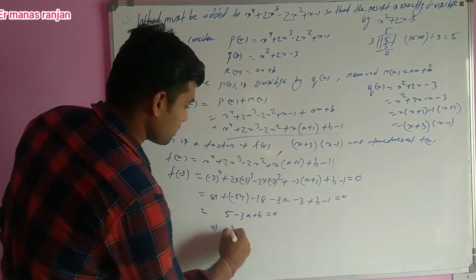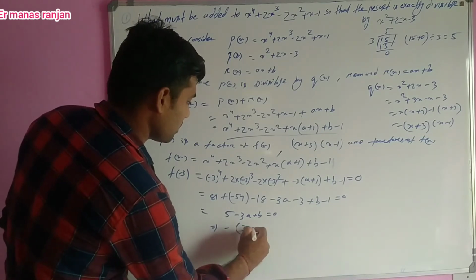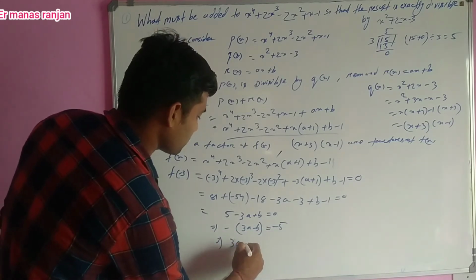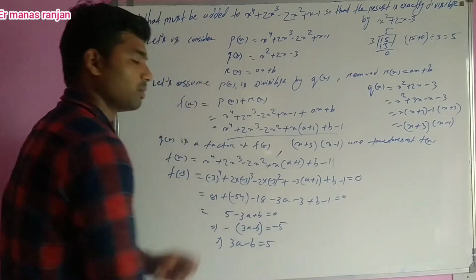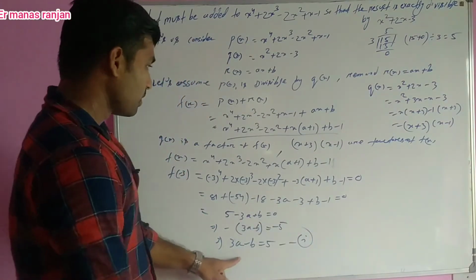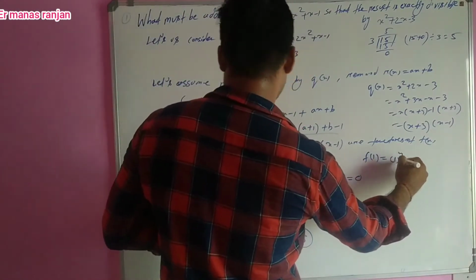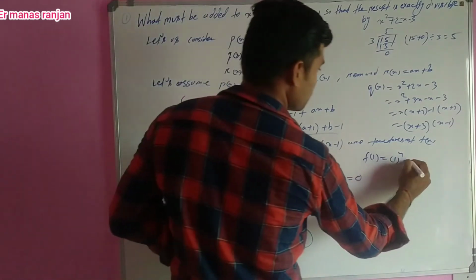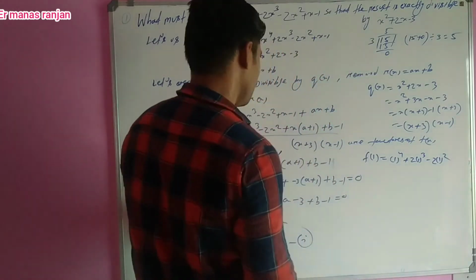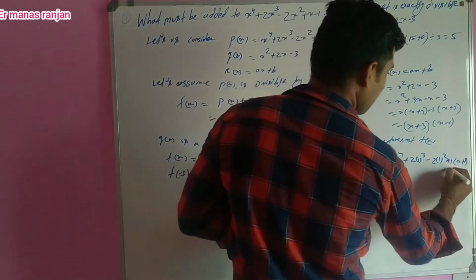That implies −3a + b = −5, that is 3a − b = 5. Take this as equation 1. Similarly, F(1) will be 0, so 1⁴ + 2(1)³ − 2(1)² + 1 into (a + 1) plus b − 1.